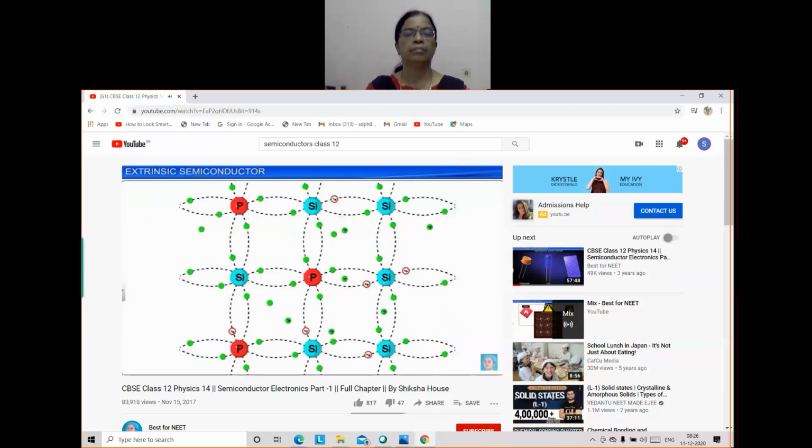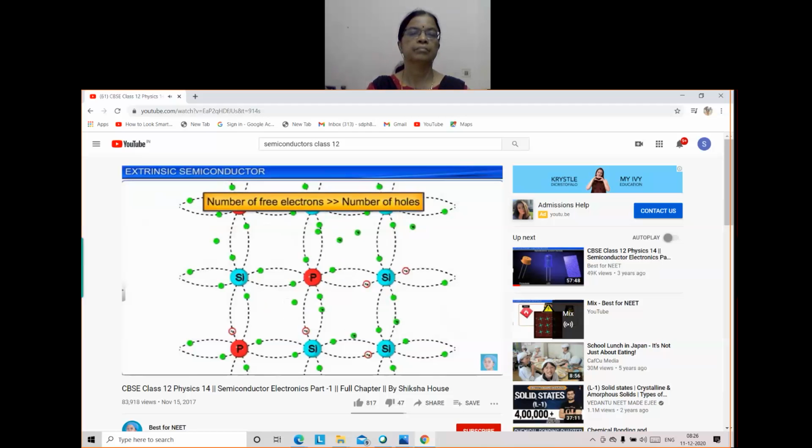Thus, the number of free electrons in a semiconductor doped with a pentavalent dopant is much larger than the number of intrinsic holes. Negatively charged free electrons act as majority charge carriers in a semiconductor doped with a pentavalent dopant.